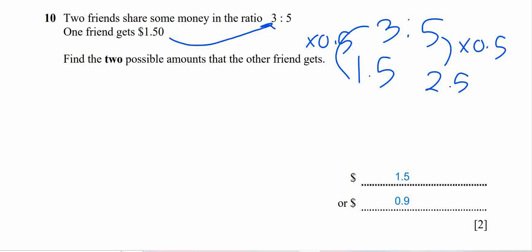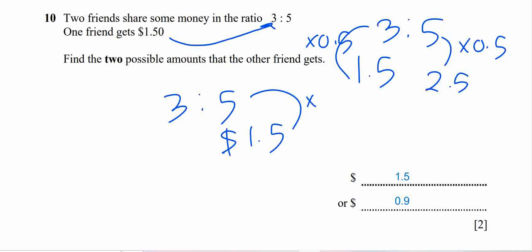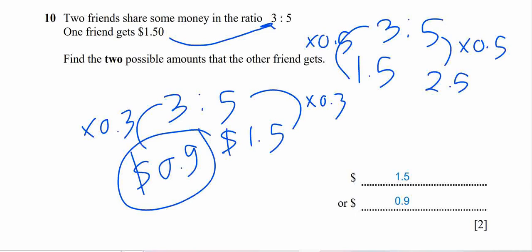And if the $1.5 is for the ratio of 5, it means we multiply by 0.3. So 3 times 0.3 will be $0.9. So the possibilities are $0.9 or $2.5. That is the explanation.